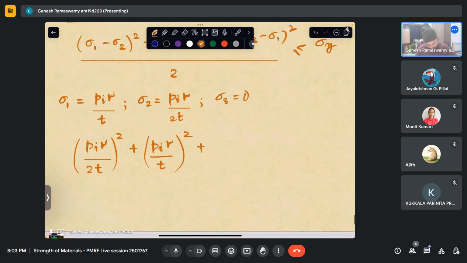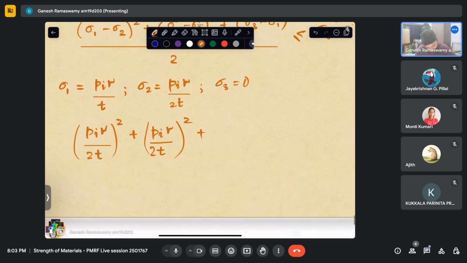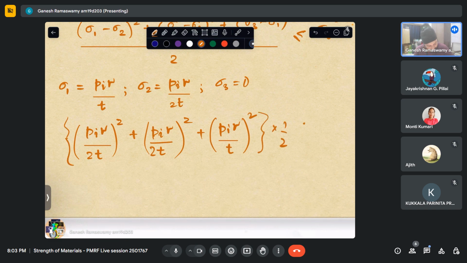All right. And then this will be PIR by T, the whole squared, the entire thing into half less than equal to 415, which is when our yielding was setting in, divided by our factor of safety, the whole squared.